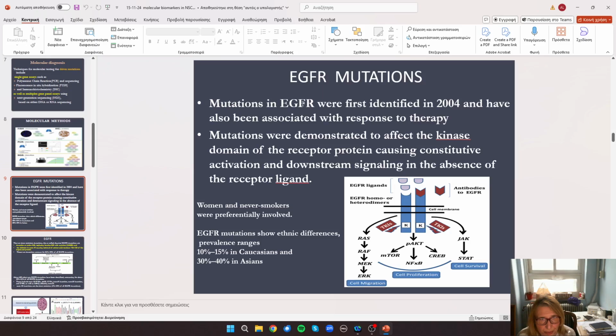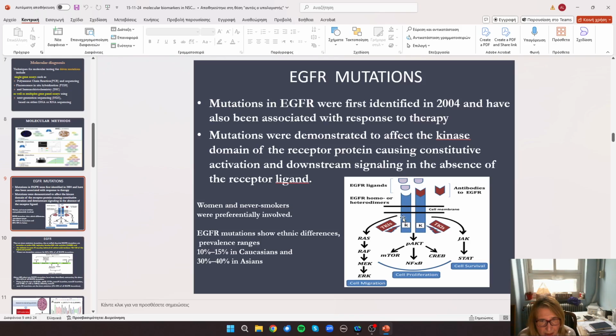EGFR mutations were first identified in 2004 and have been associated with response to therapy. Mutations were demonstrated to affect the kinase domain of the receptor protein. This is a transmembrane protein.